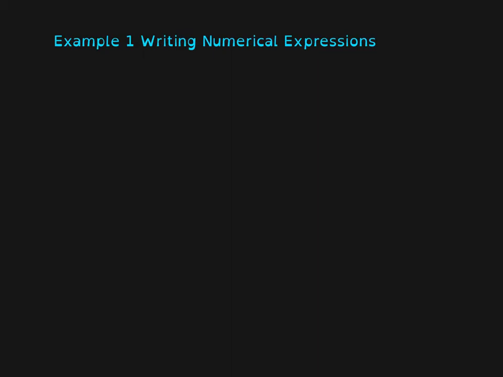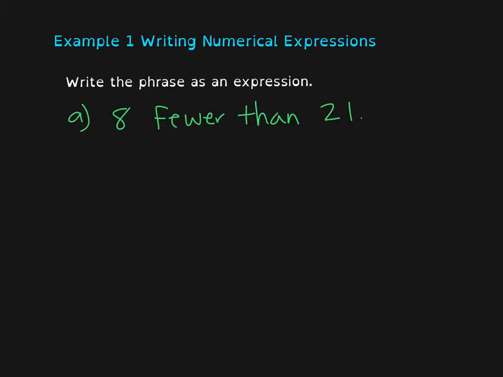Example 1, writing numerical expressions. The directions are simple. It just says write the phrase as an expression, and then you're going to actually write the expression. The expression would consist of numbers and an operation. So using the table that you just drew out for me on the other page, I want you to notice that we have a phrase in here that will help you with the expression.